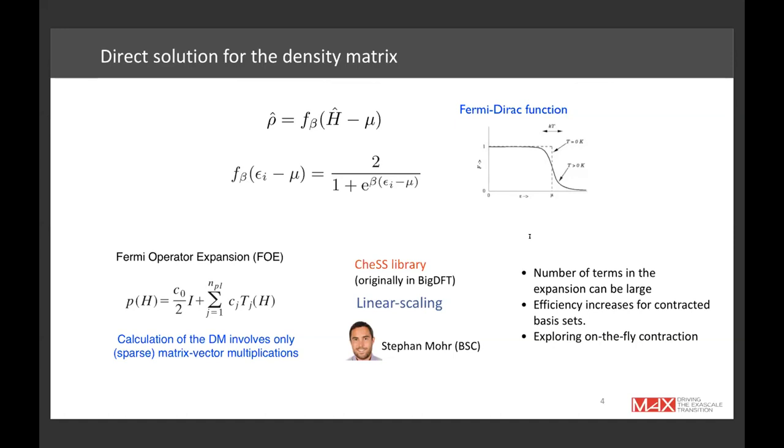It is not very much used still because we are working towards enhancing even more its performance by exploring on-the-fly construction of the basis set. Because the number of terms in this expansion depends ultimately on the number of basis functions that you're using, through the size of the spectrum that you are solving for. This is a technical point, but this is an important step in the solver portfolio in Siesta.